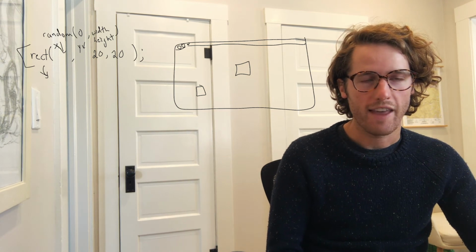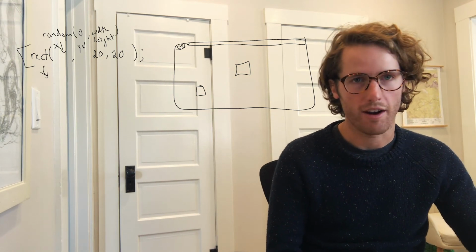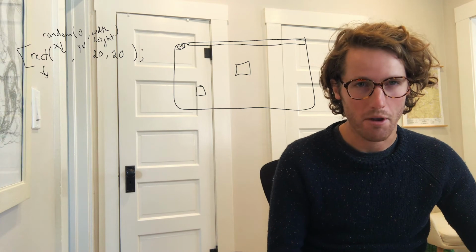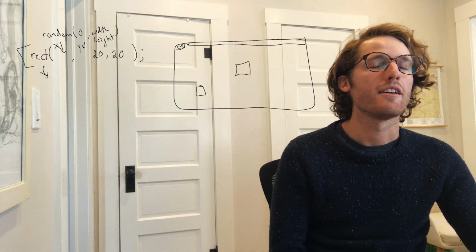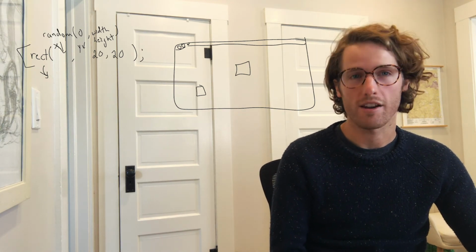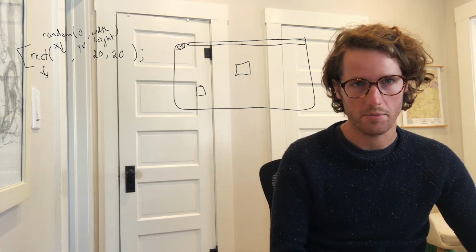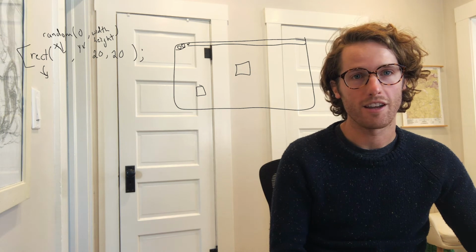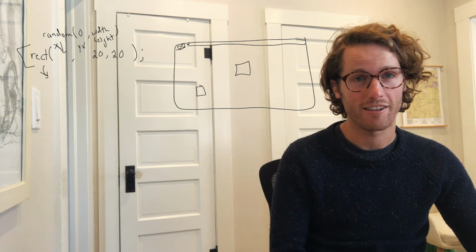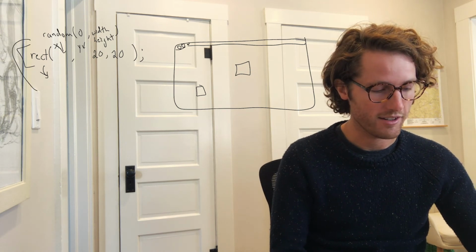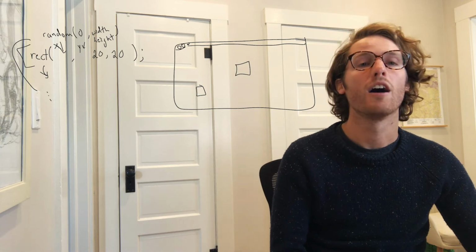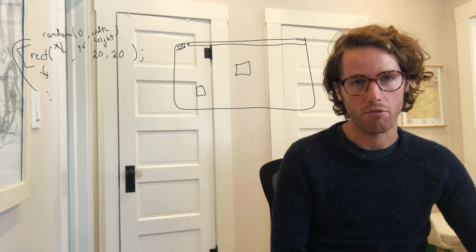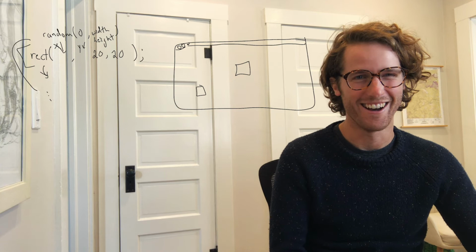Now, that's all well and good if we just have two rectangles, but we want to be a bit more ambitious than that. If you imagine we wanted 100 rectangles, all in random positions on our screen, this method here would be very tedious, right? Writing that line of code, rectangle, random, 20 by 20, 100 times, I don't think I would code if that's the way we had to do it.